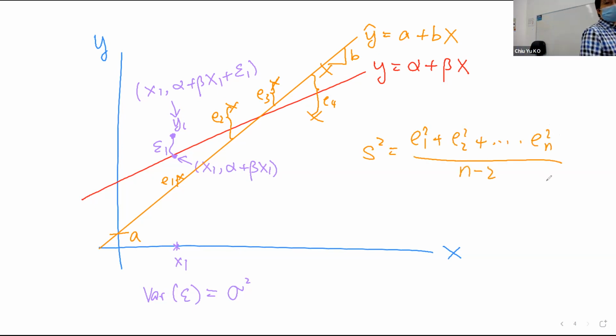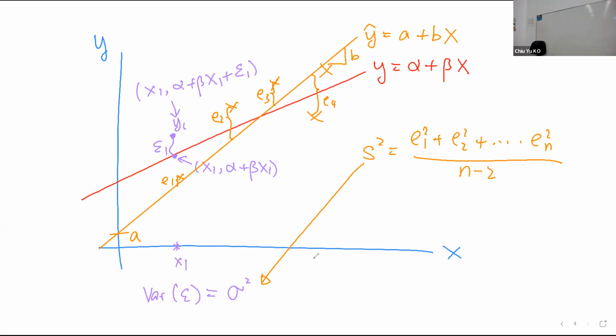This helps us estimate sigma. Because the underlying error comes from epsilon, you use the residuals to guess sigma. Is that clear what we are doing?